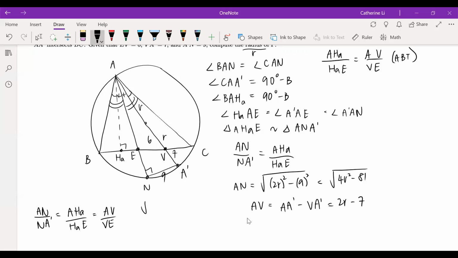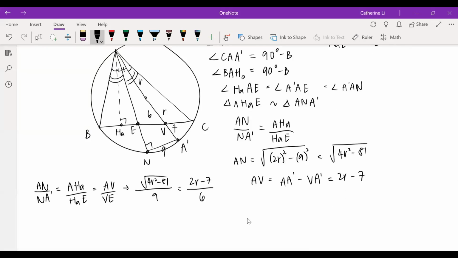So we have the square root of 4R squared minus 81 over NA prime, which is 9, is equal to AV, which is 2R minus 7, over VE, which is 6. So that means that the two numerators are in the ratio 3 to 2. So if we do 2 times the square root of 4R squared minus 81, that's going to be equal to 3 times 2R minus 7.